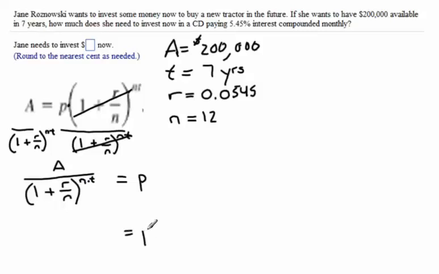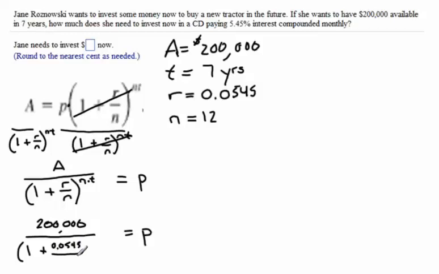So in this specific problem, A is the amount we want to have available in 7 years, which is $200,000. Divided by 1 plus R, which is 0.0545.